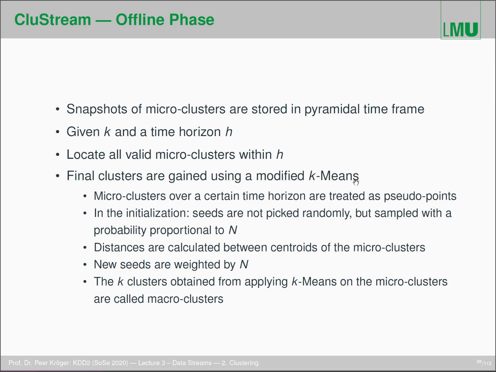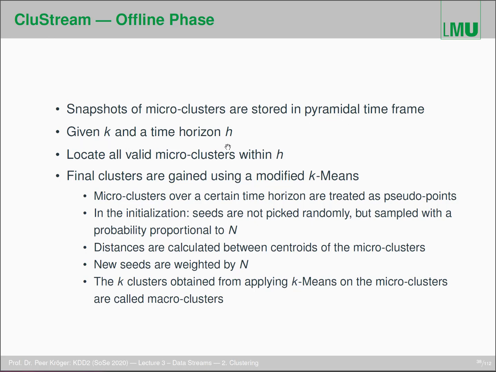And in the offline phase, you can use any snapshot of the microclusters at any time. The snapshots of the microclusters are stored; in this case, the authors propose a pyramidal time frame, which we talked about before.